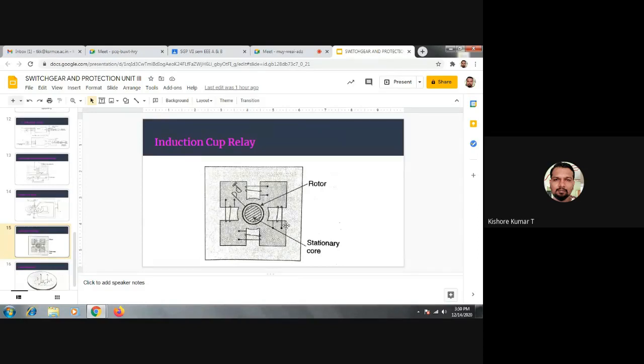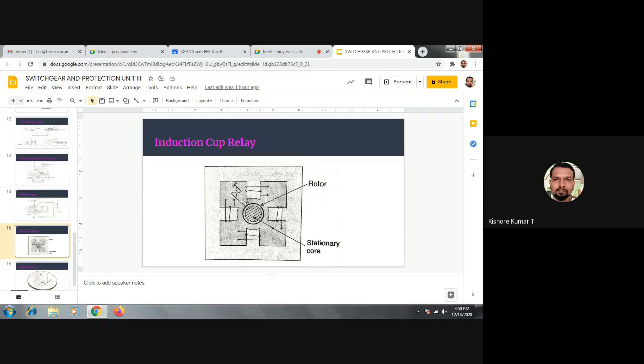Whenever this relay coil gets energized, due to the torque developed on the cup, this cup tends to rotate. See here, this is a moving contact and this is a fixed contact. These two contacts will be connected to the trip circuit. Let us imagine that this cup is rotating in clockwise direction.